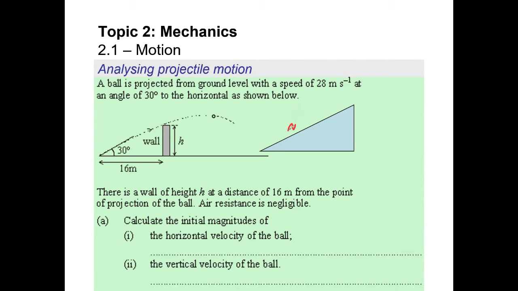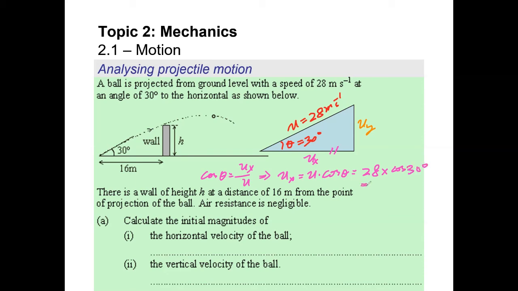Initial velocity equals 28 meters per second, and the angle theta is 30 degrees. The x component is adjacent, so cosine theta equals ux over u. That gives us ux equals u times cosine theta, which is 28 times cosine 30 degrees.